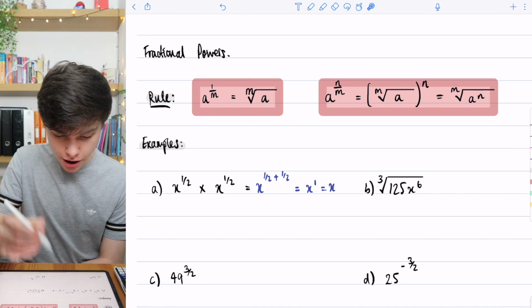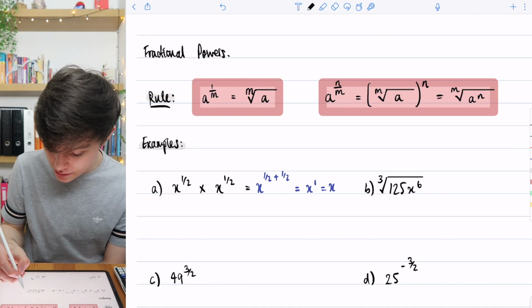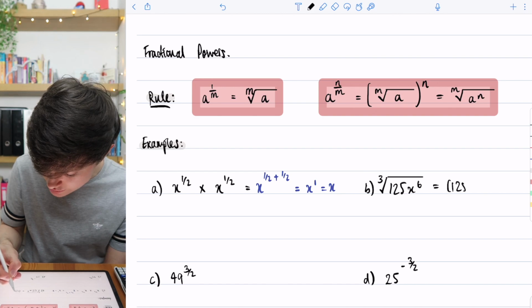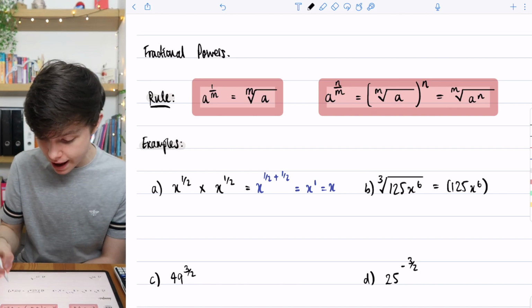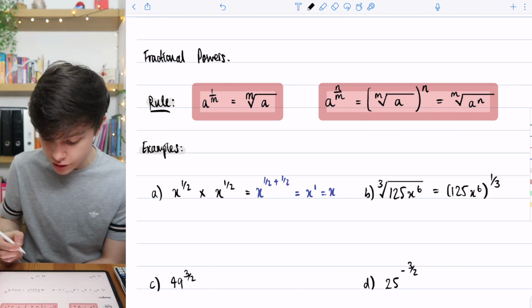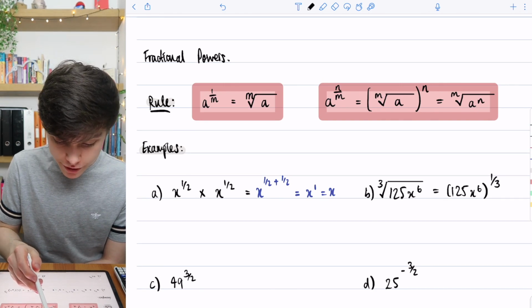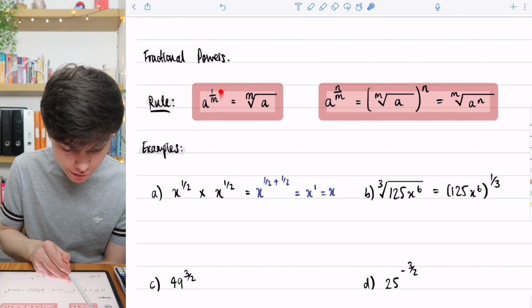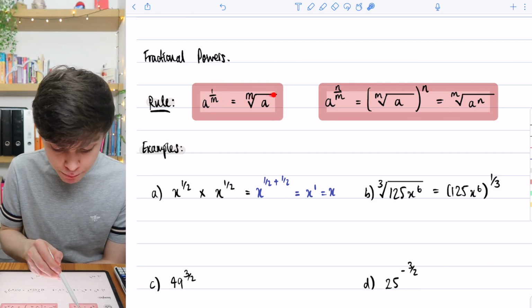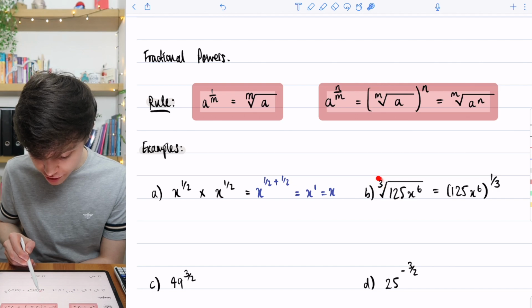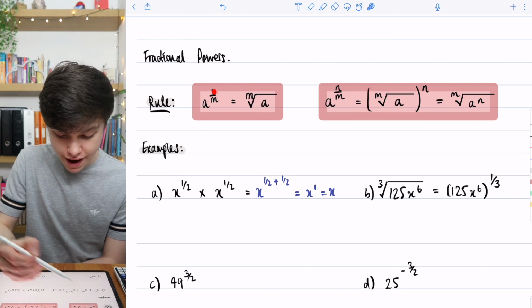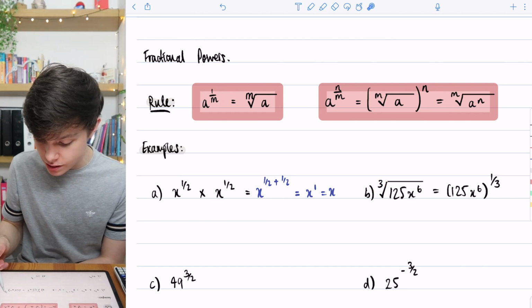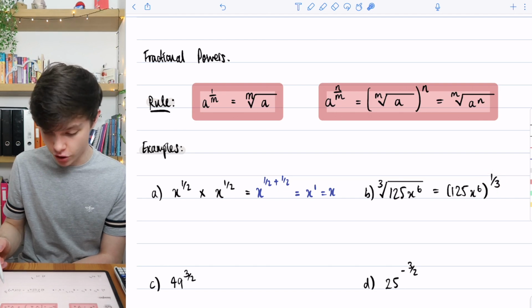To get rid of the root, I'm going to write it as 125x to the power 6, all to the power of a third. Because remember, when we've got this case 1 over m, it's the mth root of a. Here we've got the cube root of 125x to the 6. Our m is 3, so write it to the power of a third.